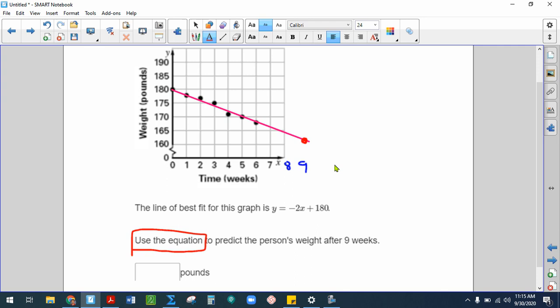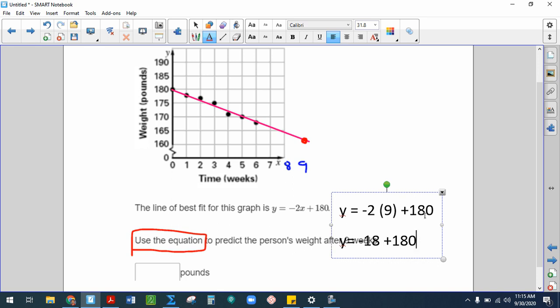So if I use the equation, I'm going to say that y equals -2 times 9 for 9 weeks plus 180. So after 9 weeks, we're letting x, which is on the bottom, right between the 7 and the 8, equal 9. So that means that y is going to equal -18 plus 180.